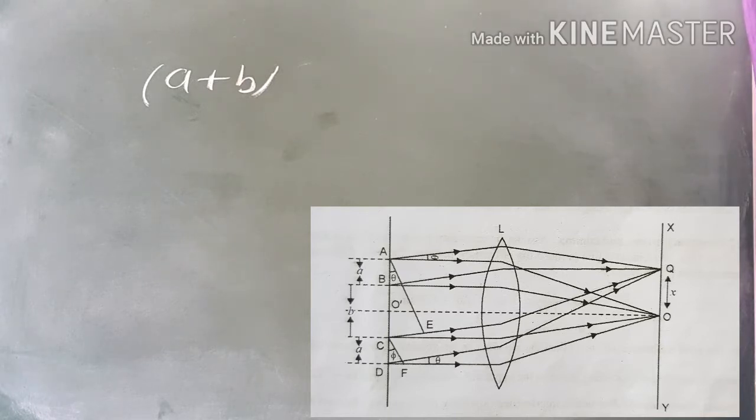At any point, if we have to find the intensity or maxima or minima, then we have to find the path difference between the two rays reaching this point. So first of all we have to find the path difference.